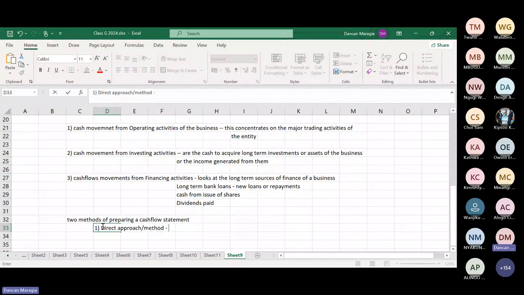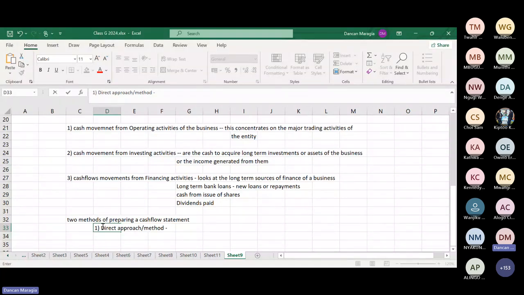In this method, a business will need to have all records of its cash inflows and outflows, because here you actually need to know, I paid this to suppliers, I paid this to wages, I paid this to particular expenses, I received this from sales and all that.